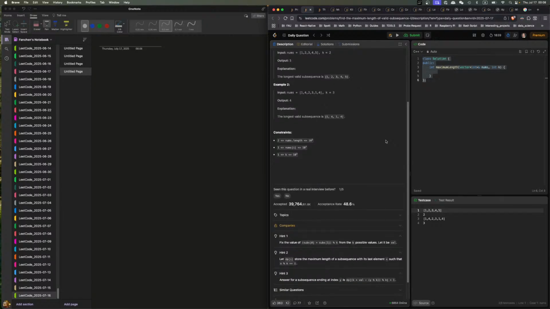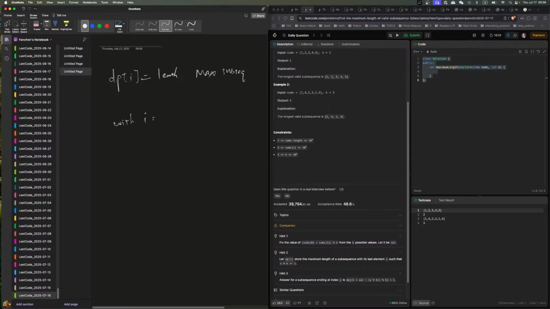So dp[i] is the length, right, of the max subsequence, with i equal to x mod k, and x is the last element. That is so specific, the last element.